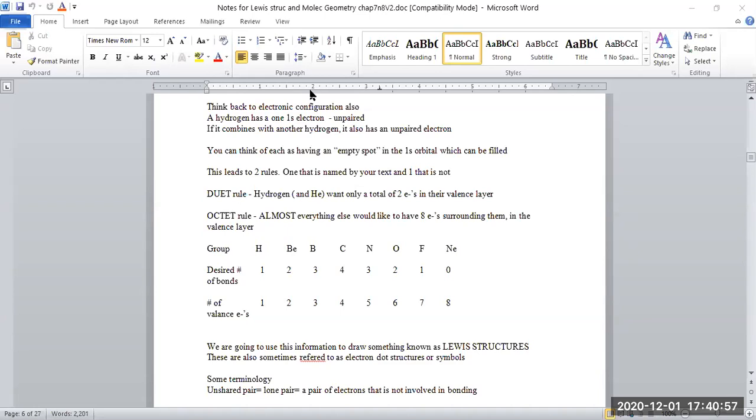There are a few exceptions, especially further down that column, things like iodine and beryllium. And then there's the noble gases, which for the most part hate everybody. They do not like to make bonds with other atoms.